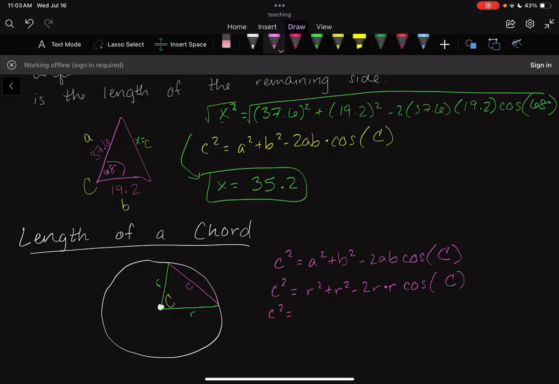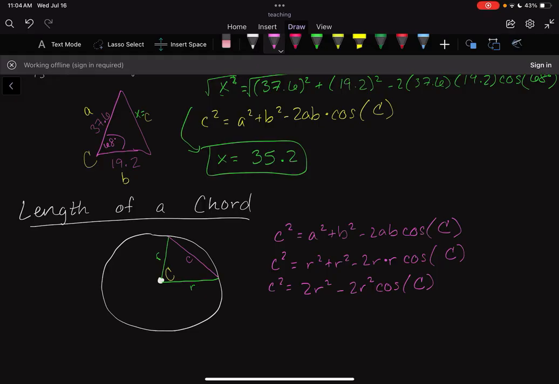So r squared plus r squared is 2r squared. Negative 2, and then r times r is r squared. Then I can technically factor out an r squared. We could have factored out a 2 as well, but I'll show you in a second why we didn't do that.